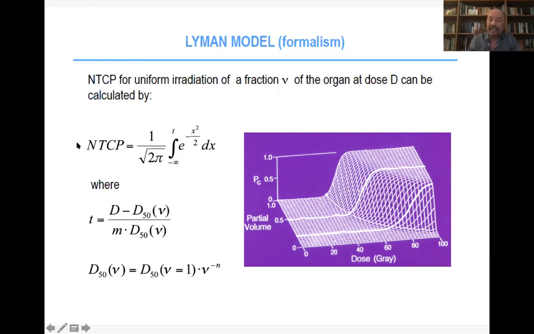Then in this case, the NTCP is calculated not using the Weibull formula, but similarly, let's say, using the cumulative integral of the Gaussian distribution.